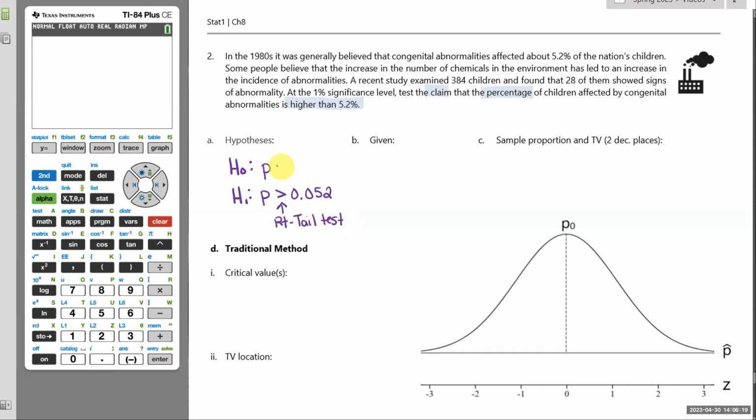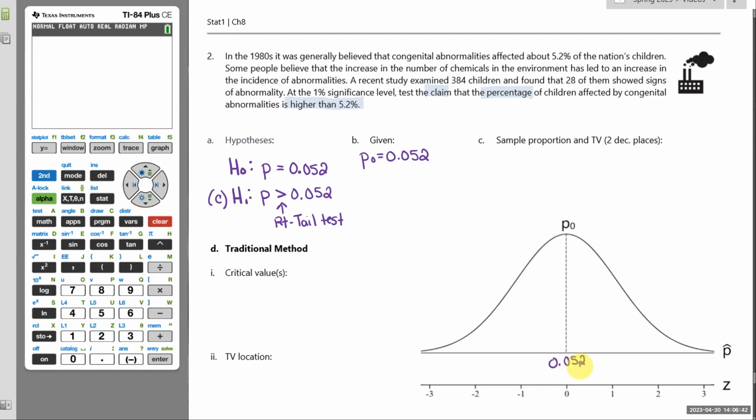The null hypothesis is equality, with that same value, 0.052, that was in the claim. We have our p0, 0.052, and that will be the center of our graph, 0.052.